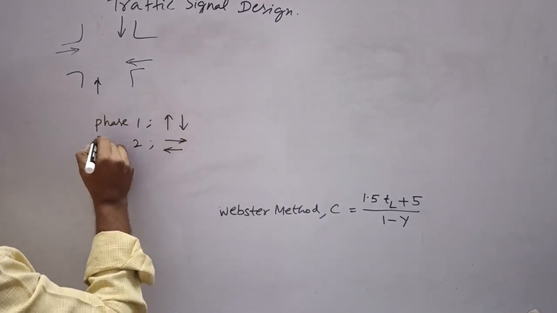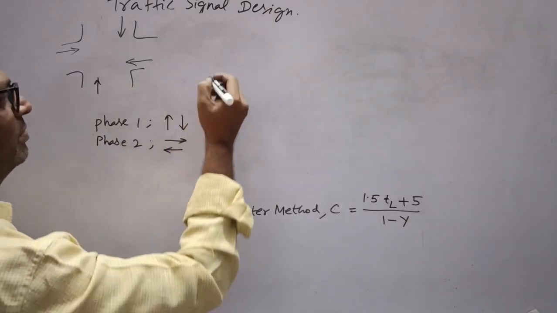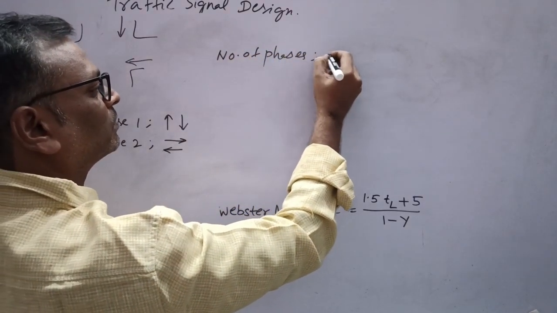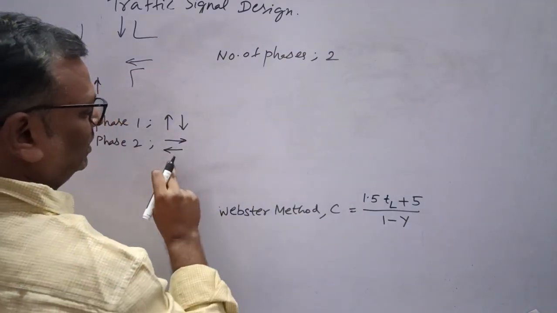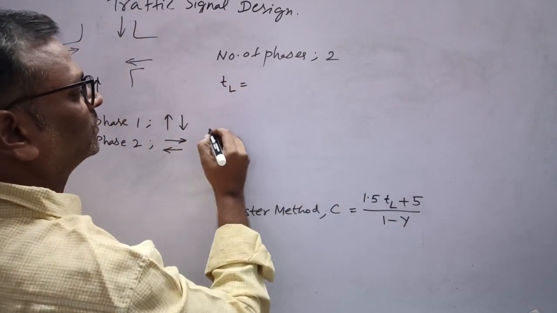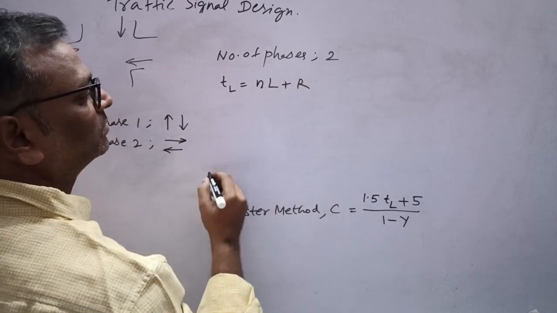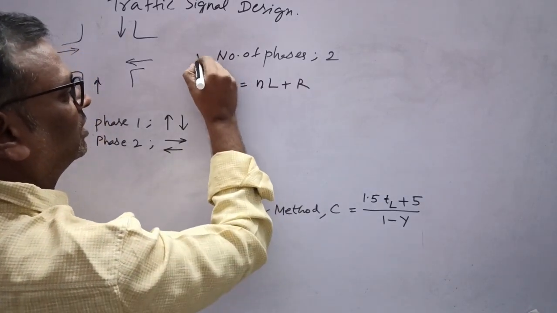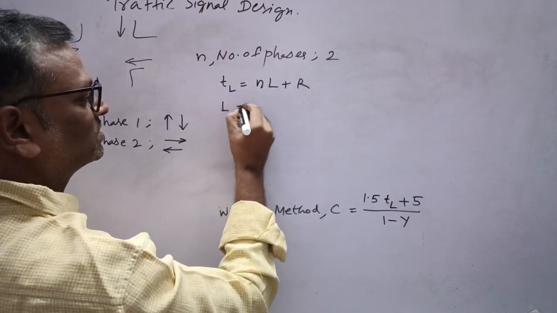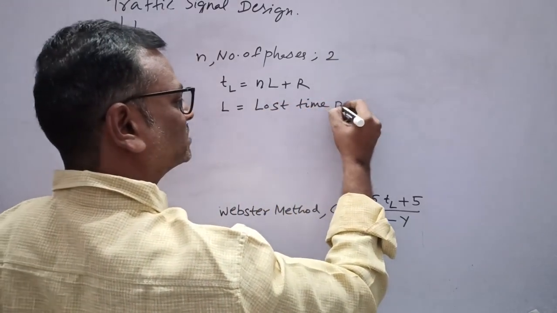It is a possible case, right? Then we have two phases, so the number of phases is 2. And total lost time is given by NL plus R, where N is the number of phases, and L is lost time per phase.